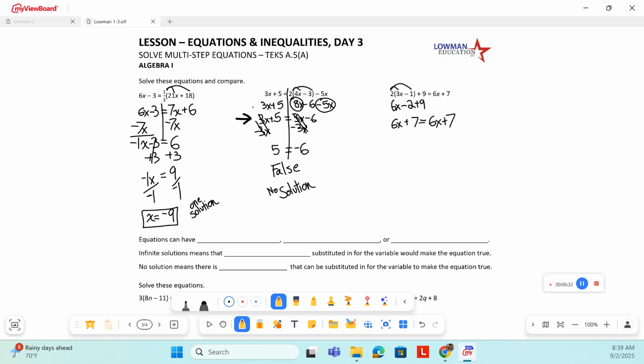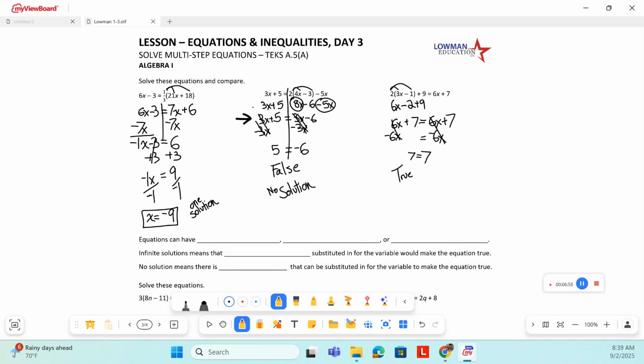Really, we can stop there because if you look, we have the exact same thing on both sides. But just to finish it out, if I were to subtract 6x from both sides, that cancels out, and it's 7 equals 7, which is this time a true statement.